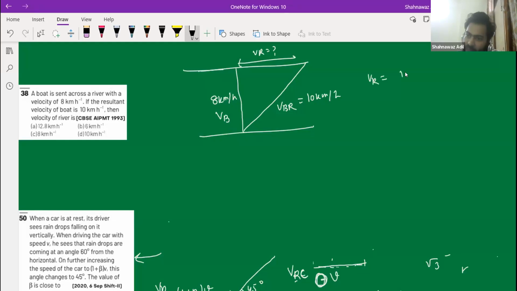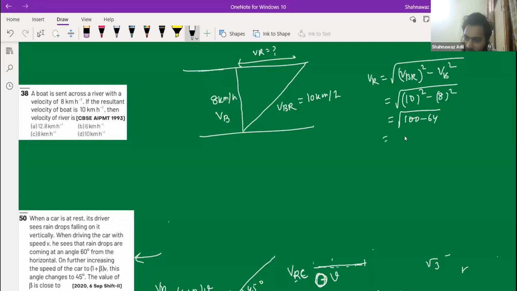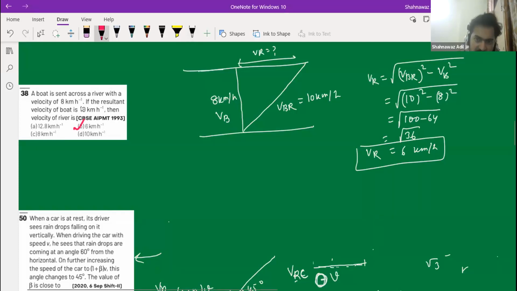VR would be simply the square root of VBR square minus VB square, this is 10 square minus 8 square, so 100 minus 64. And then this is how much? 36. So 6 kilometer per hour. This was a direct question, right?